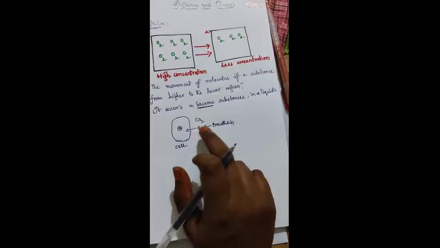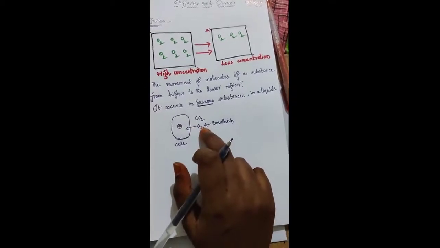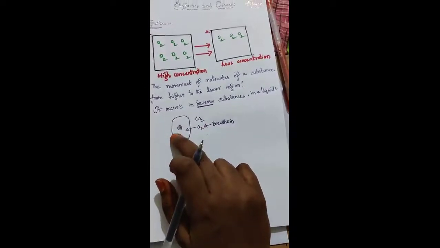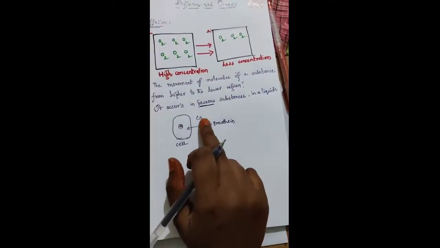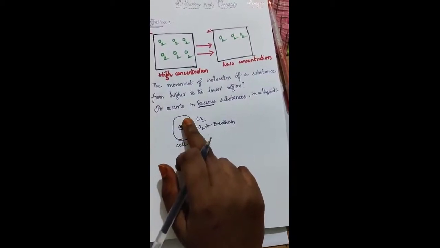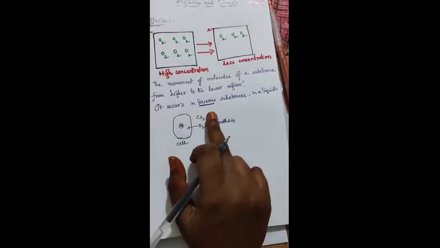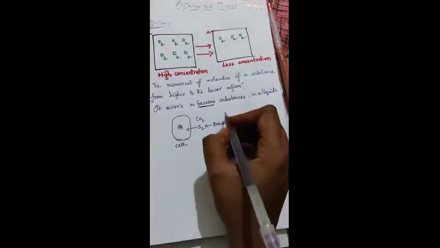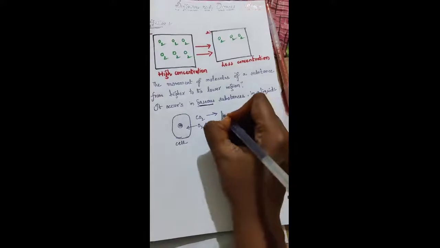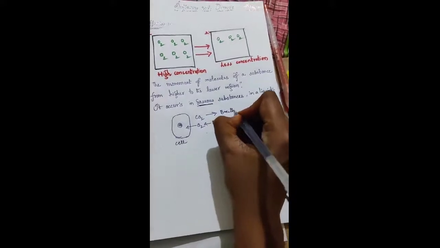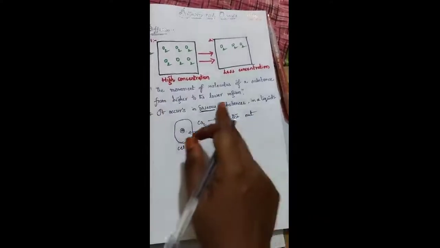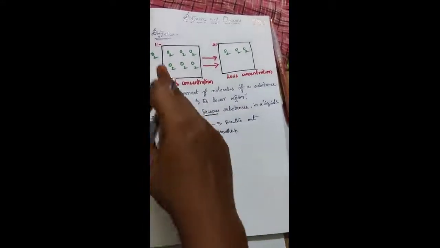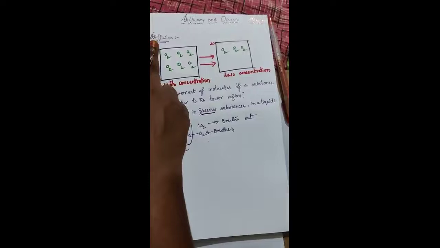The oxygen molecules move from higher concentration to lower concentration, and vice versa, carbon dioxide will be more in the cell, so carbon dioxide will move from higher concentration to lower concentration to the outside, and you will breathe out. Understood?